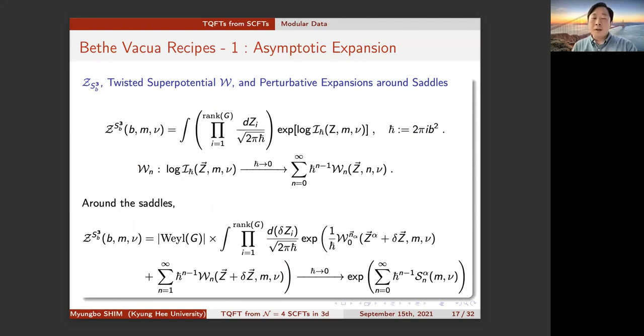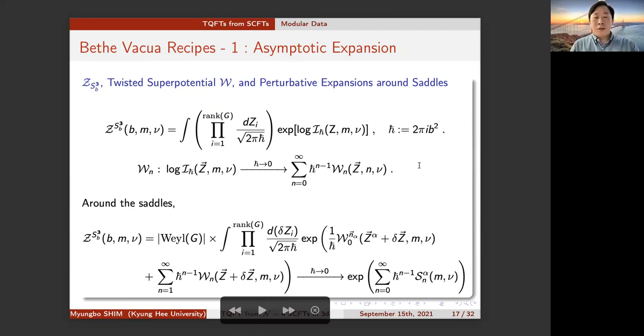The generic structure of the squashed three-sphere partition function is similar to the superconformal index, but we have an additional parameter h bar. This is defined with the squashing parameter b. Here, we expand perturbatively in terms of h bar. Then the twisted superpotential W is obtained as a coefficient of the h bar order.